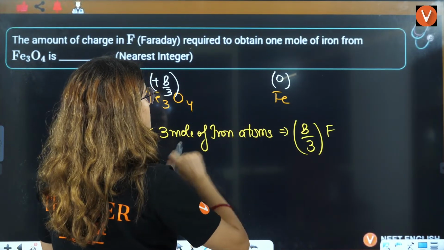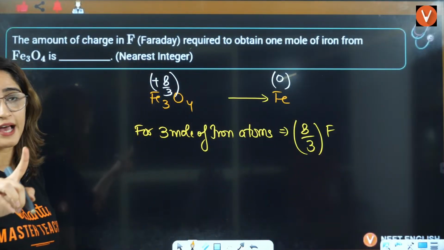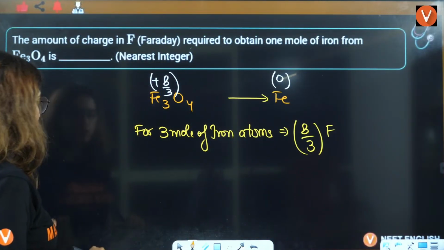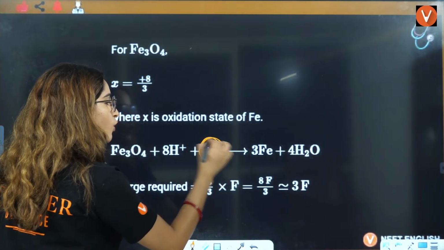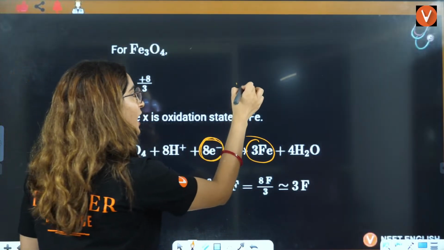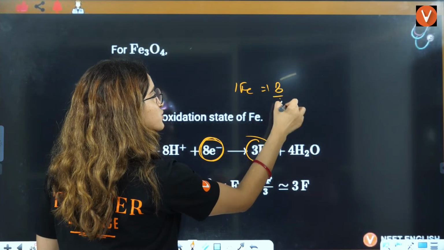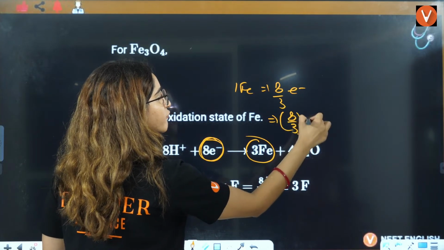Right? If you do the balancing of this equation, which is there in redox reactions, right? So once you do the balancing of this reaction, 8 electrons are required for 3 iron. So for 1 iron, it is 8 by 3 electrons only. So for 1 mole, it will be 8 by 3 Faraday.